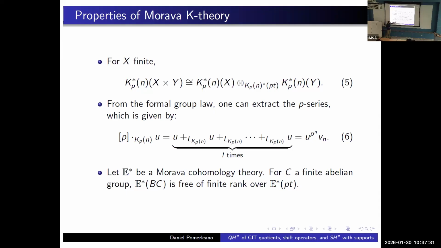And it follows immediately from this that if you have a finite abelian group, then the Morava K theory of it, or really it's true for any of these homology theories, the Morava E theory as well, is a finite rank abelian group over the coefficients of a point. This is basically why people say Morava K theory can be used to define Gromov-Witten invariants.